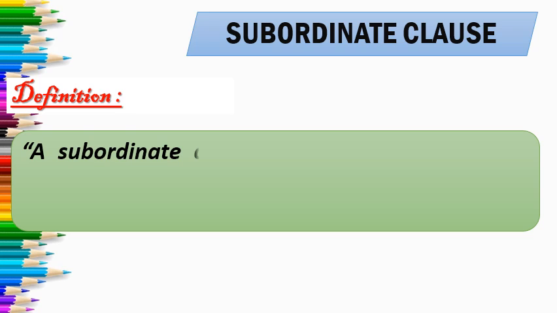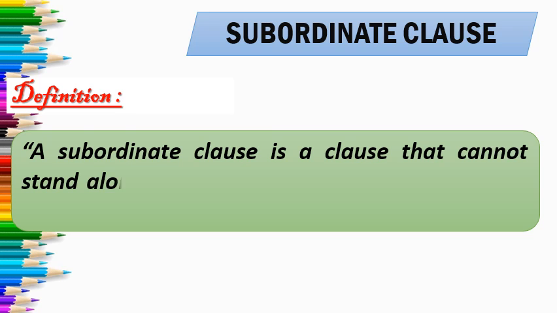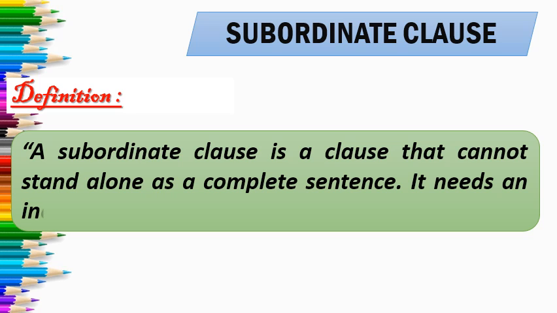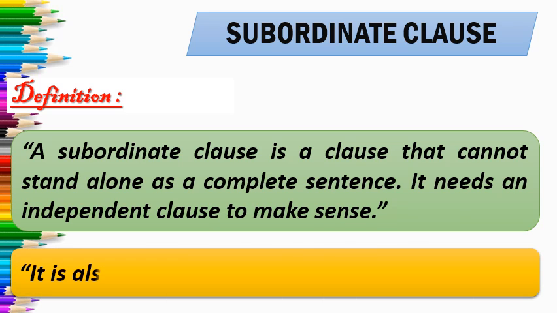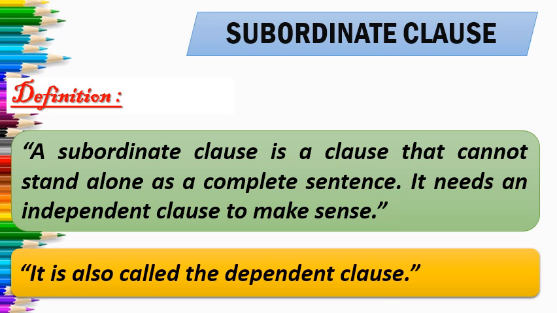A subordinate clause is a clause that cannot stand alone as a complete sentence. It needs an independent clause to make sense. It is also called the dependent clause, or we can say a dependent clause cannot function on its own because it leaves an idea or thought unfinished.